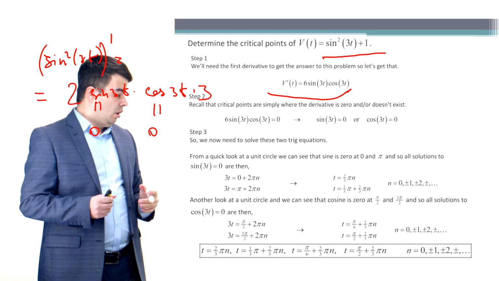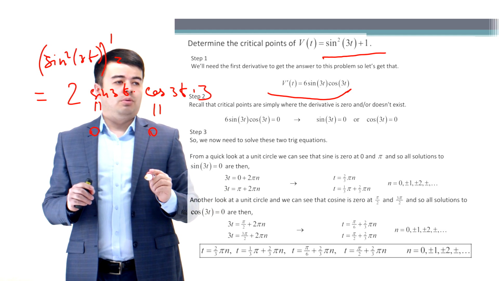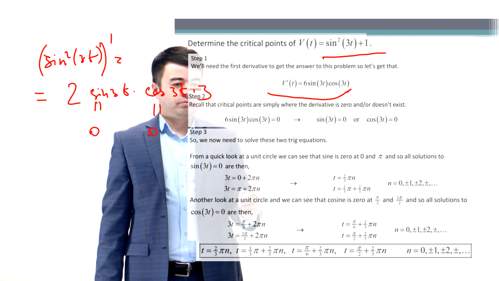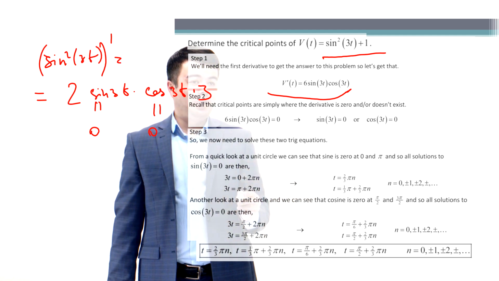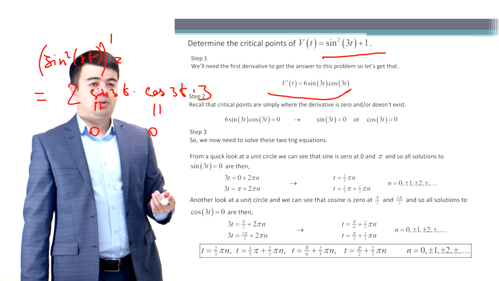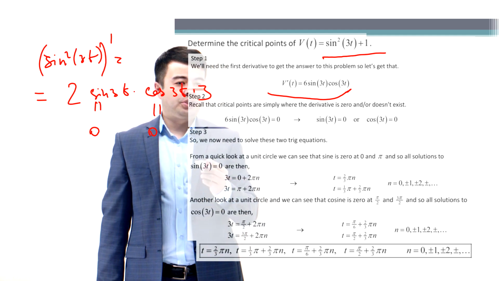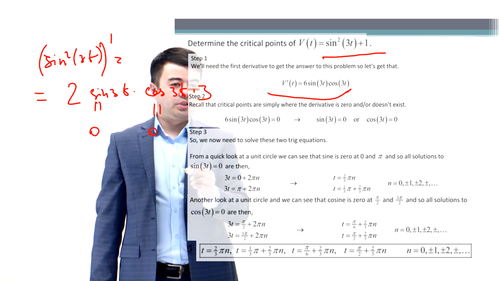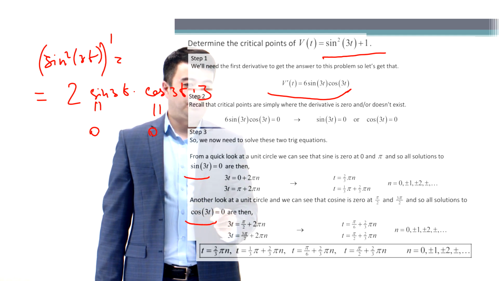Now, equating by 0, we get the following solutions. This is a trigonometric equation, and I think it's not so hard to solve. So sine 3t equals 0, and cosine 3t equals 0.